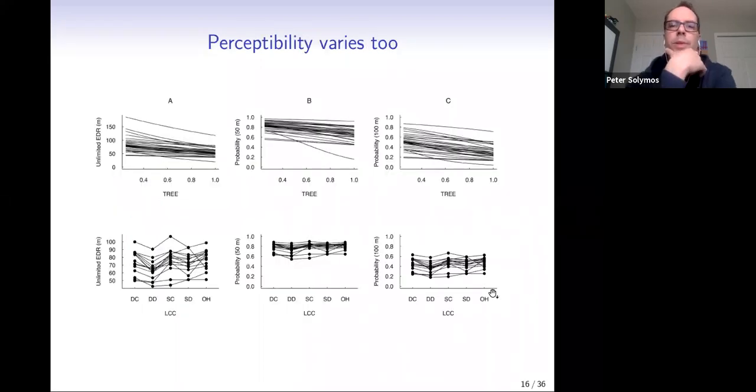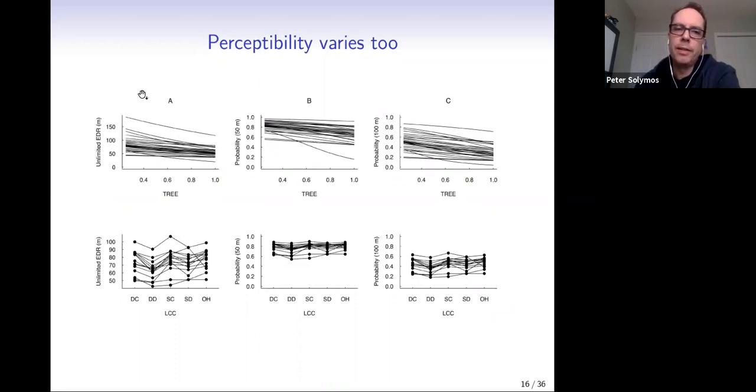Now, when we talk about perceptibility, and I'm running ahead a bit, once they are present, then they need to behave in a way so that we can detect them: they move around, sing. And once that happens, then there's the perceptibility, whether the observer is able to detect them or not, as a function of how far they are from the observer.